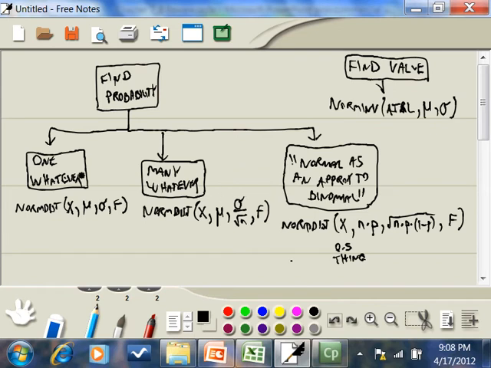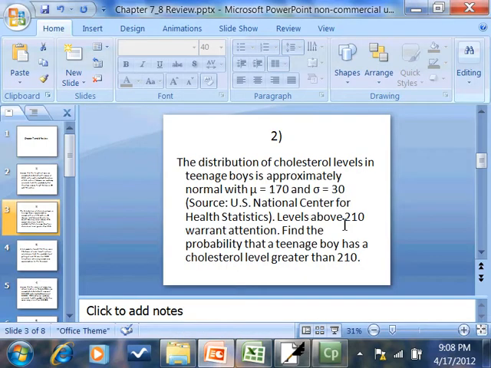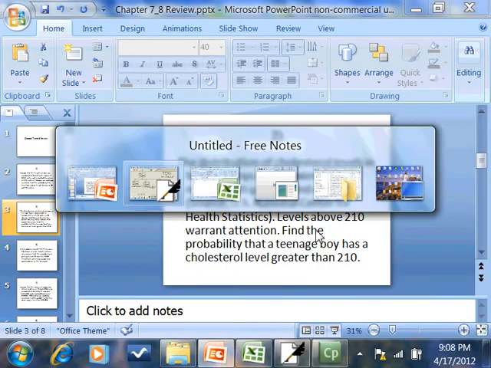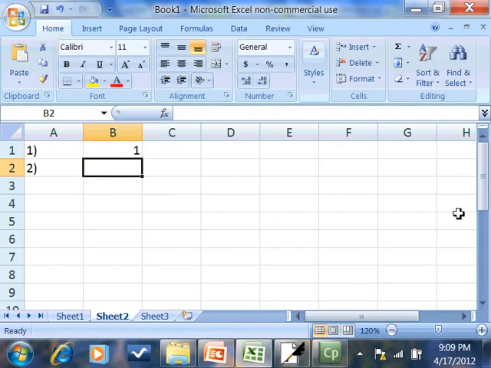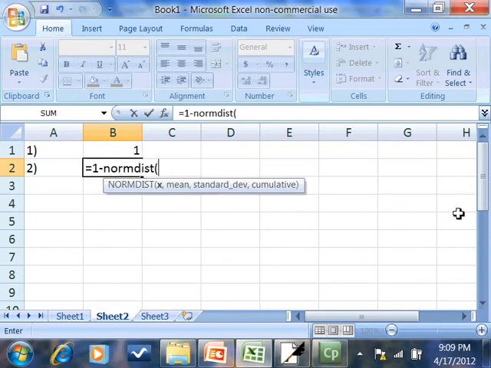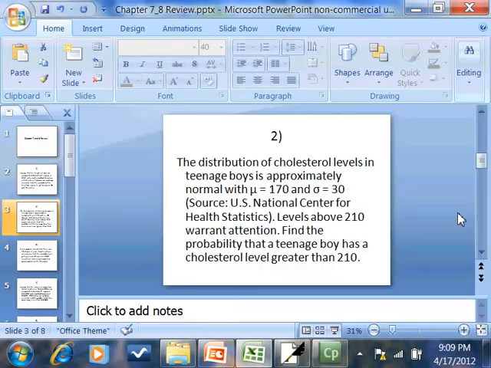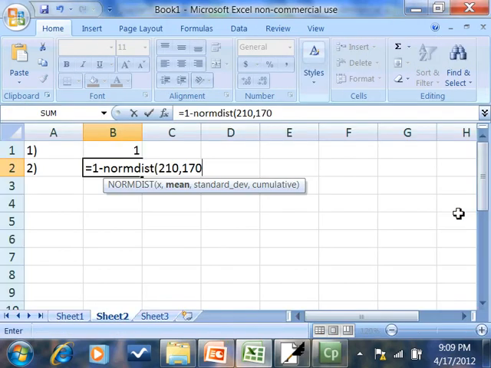It's not the many whatevers. We're talking about a teenage boy, so just one whatever. Greater than 210, if you remember this from the homework, we do 1 minus NORM.DIST of 210, our mean, which was 170, standard deviation of 30, and cumulative would be 1.